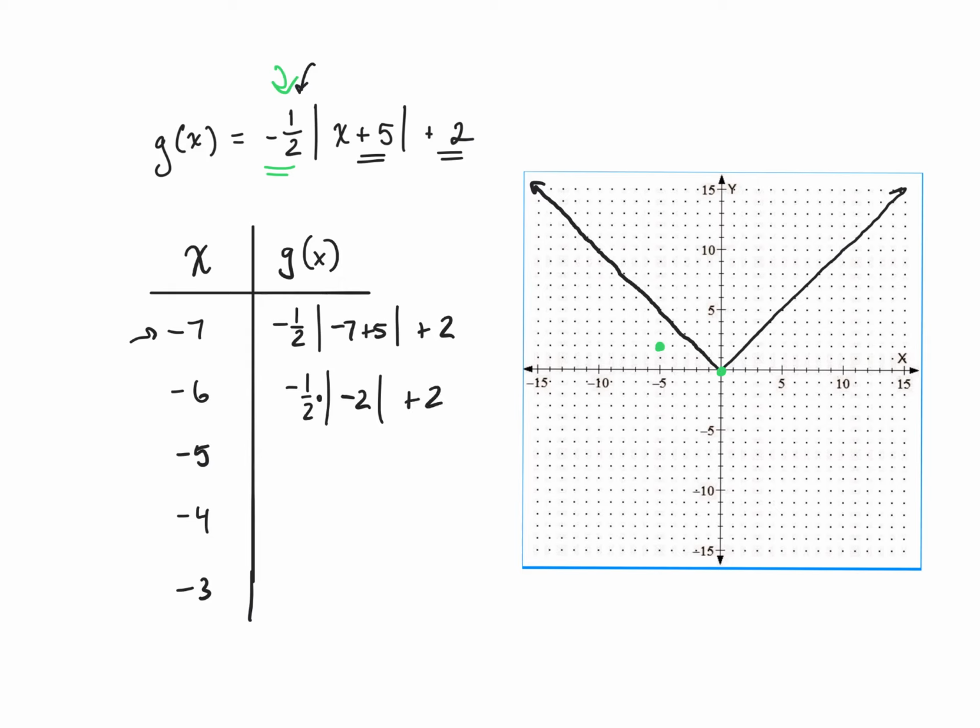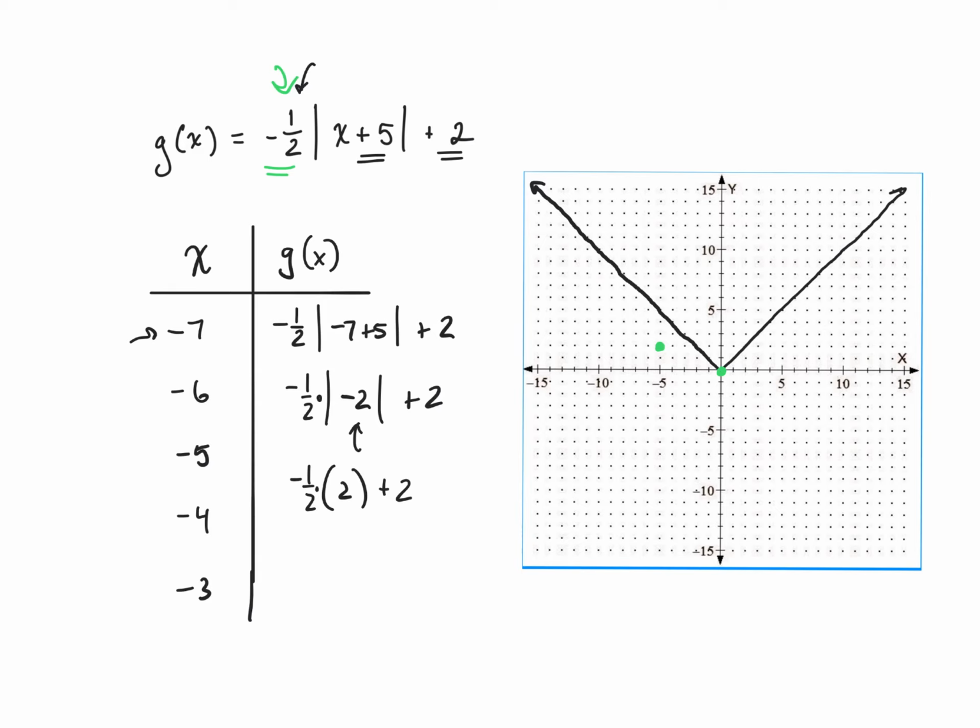Remember, the original parent function said if I get a negative value inside my absolute value when simplified, I simply multiply that value by -1. So -2 times -1 is 2, and I'm now doing -1/2 times 2, and then adding 2.